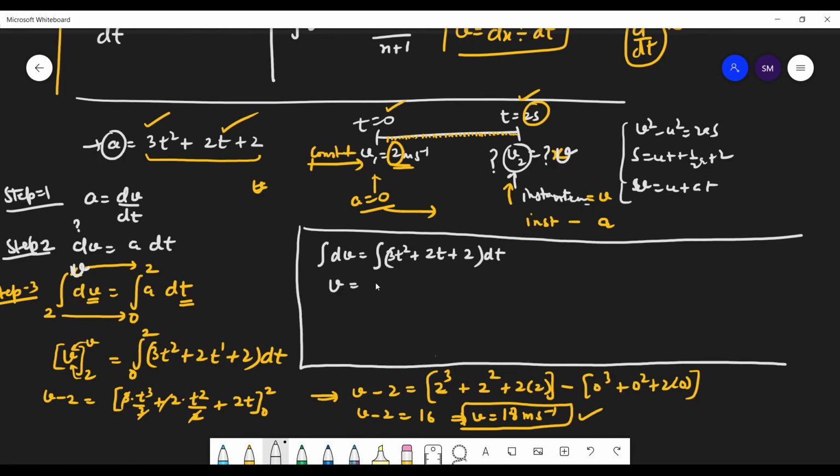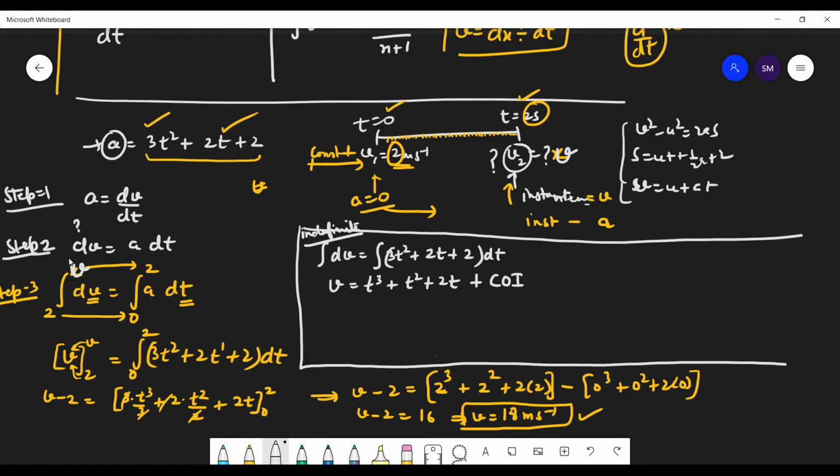Now integration of this will also be the same: t cube plus t square plus 2t. That's the same. But what's the point here is that you will get constant of integration. That is the difference. You will get constant of integration if you are dealing with indefinite integrals.